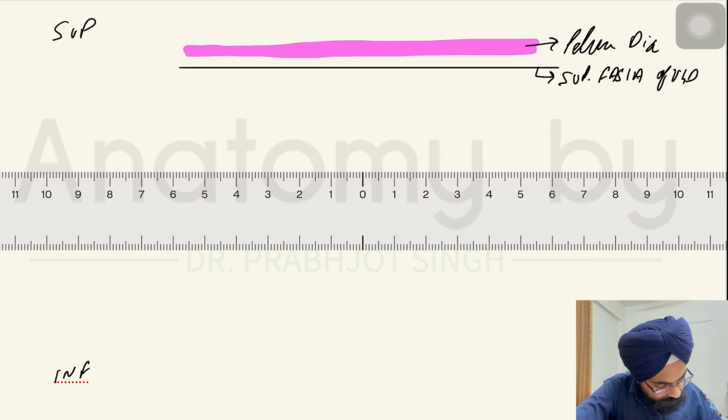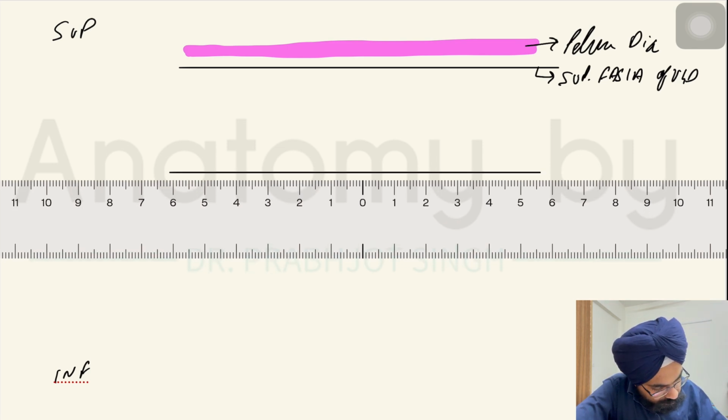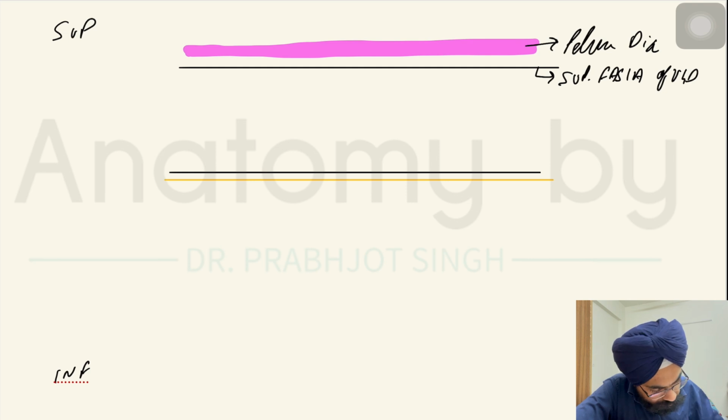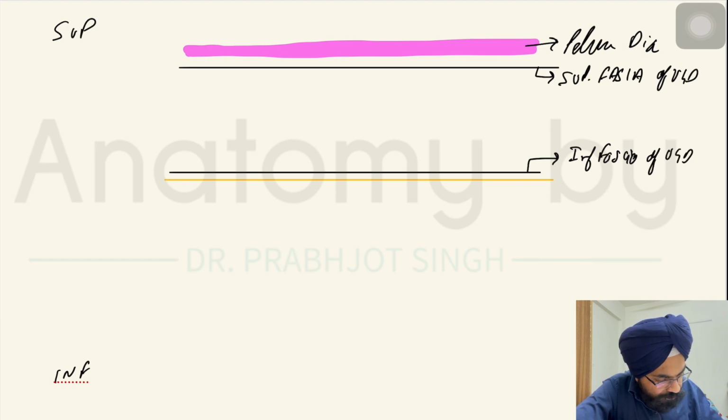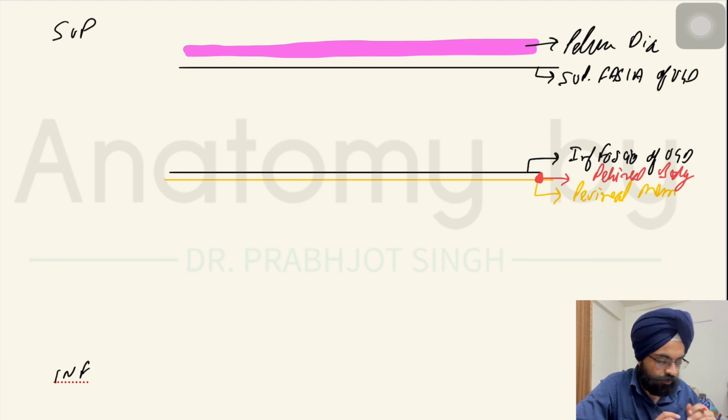Similarly, I have over here the inferior fascia of urogenital diaphragm and perineal membrane that is extending till your perineal body. What perineal body is, we will see in a while, don't worry.